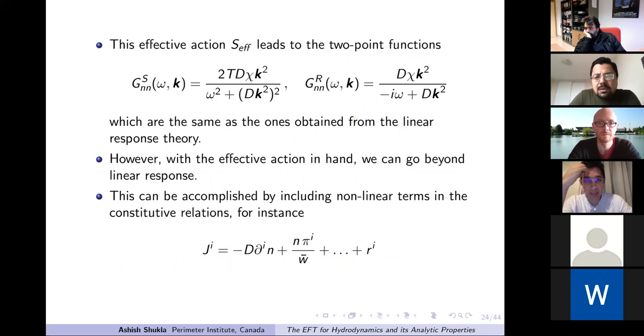Is it the same? Well, as far as the stochastic approach is concerned, it is the same, because in the stochastic approach at the tree level, you want things to match with linear response theory, and that is what will fix C for you. Then whatever sits in the coefficients of n pi I by w bar is whatever comes from the constitutive relations.